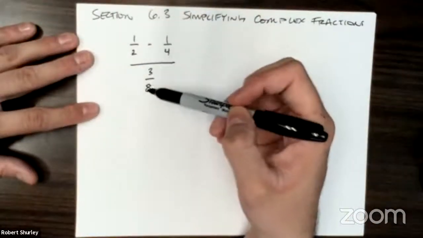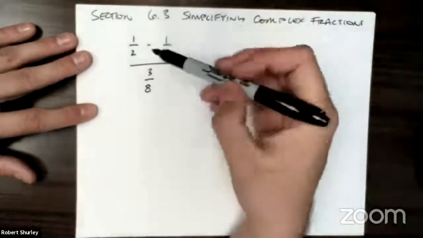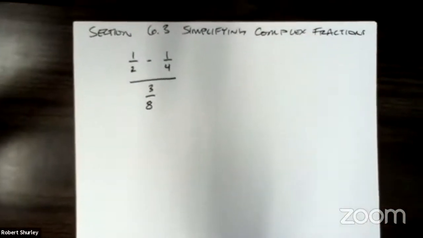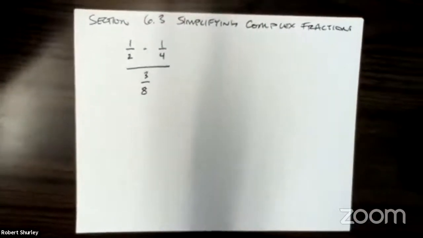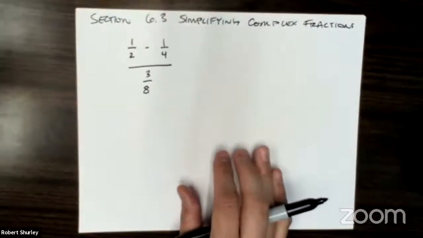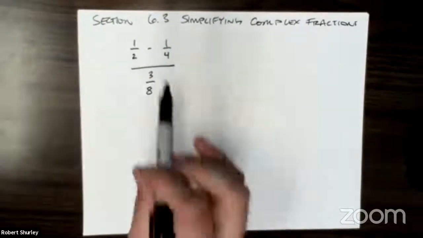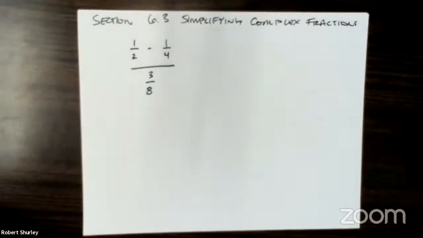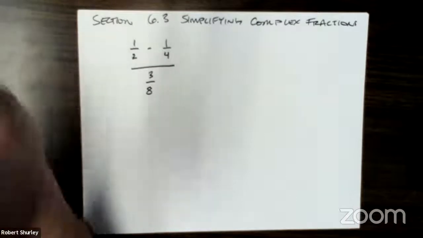We have 1, 2, 3 fractions inside of the larger fraction, which means we have a complex fraction. We're just going to learn how to simplify these today. There's no solving or anything like that. We're just going to get this down into a single fraction or a single number sometimes, depending on how large the fraction is.